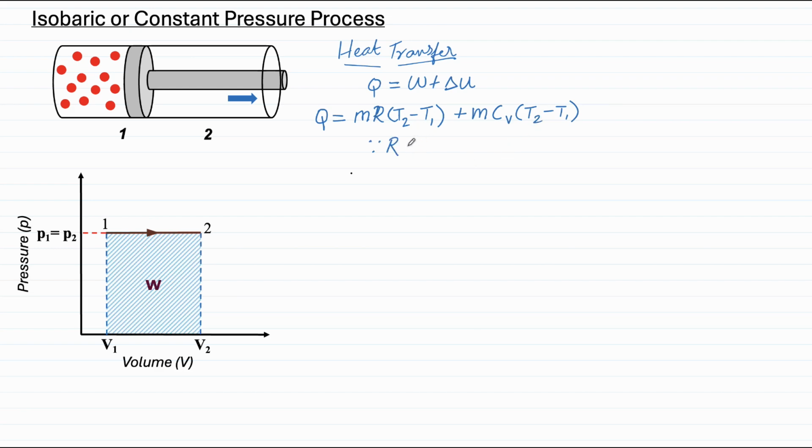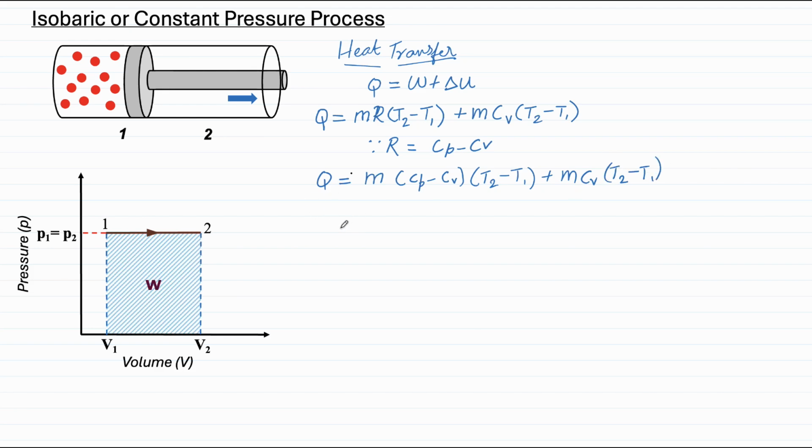Since the gas constant R is equal to Cp minus Cv, we can rewrite this expression as Q is equal to m (Cp minus Cv) times the change in temperature plus m Cv times the change in temperature.